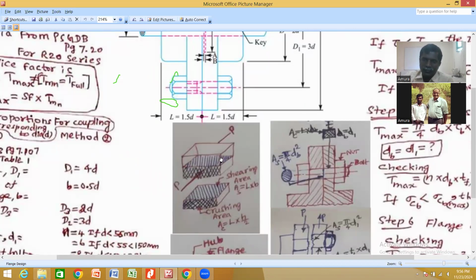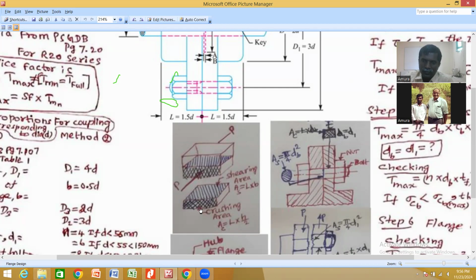When the load is acting on the key, the rectangular key is sheared, that means split into two. The place where that shearing happens is called the shearing area, and that shearing area is given here as L into B.